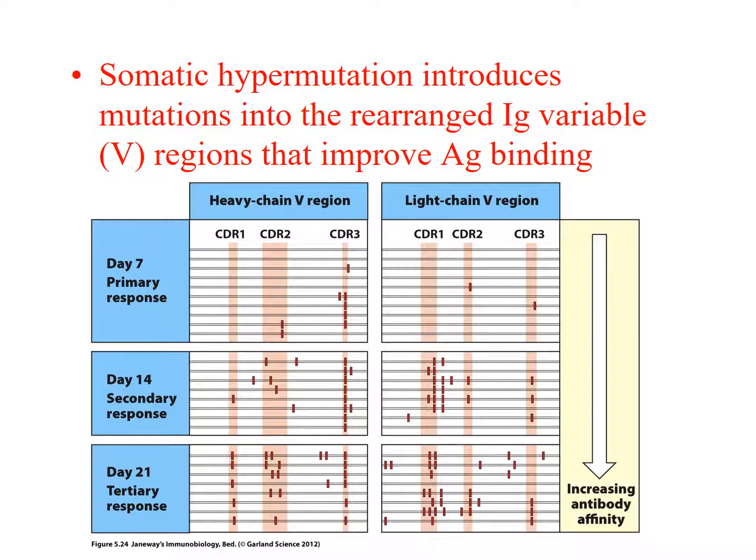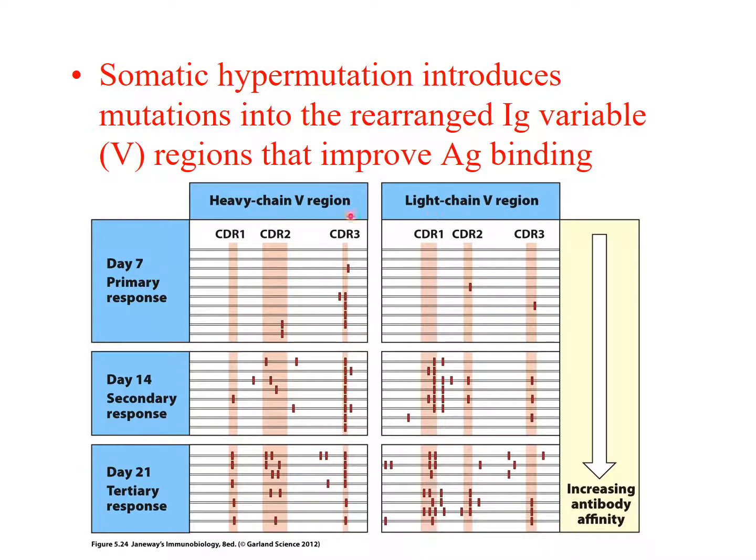Hypermutation gives us a lot of rearrangement in the immunoglobulin V region, the V domain. Looking early on, after the primary response, we're going from mature naive to mature activated.